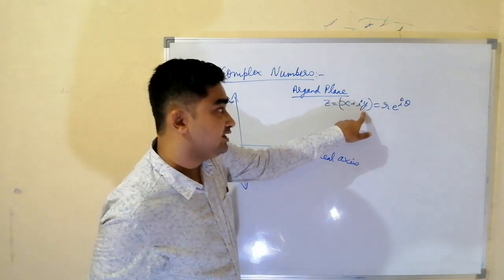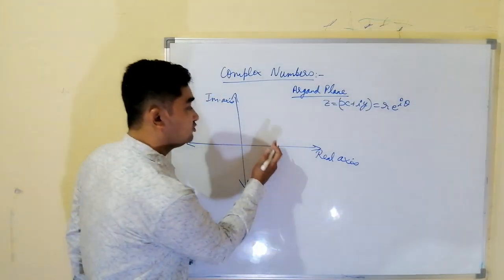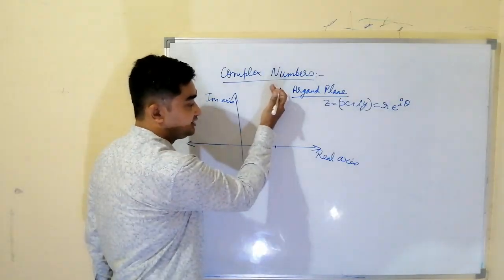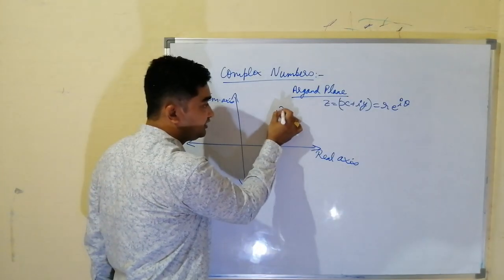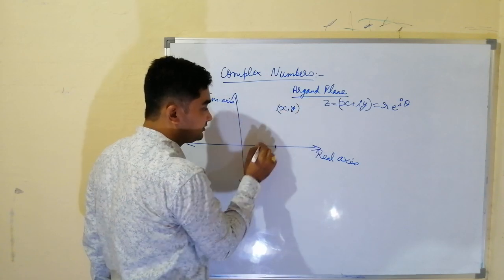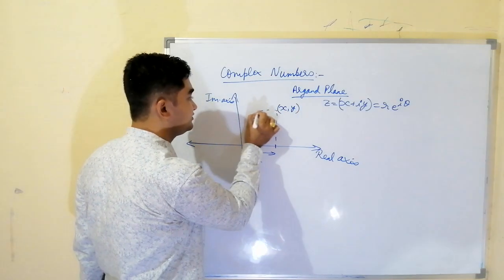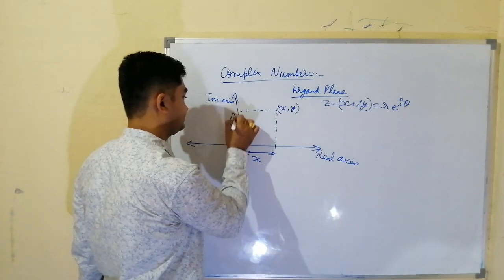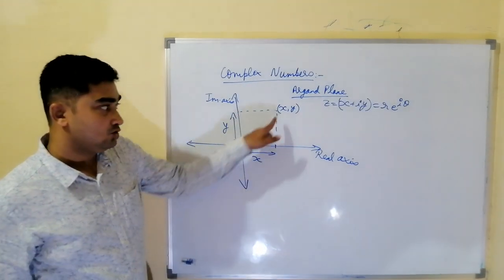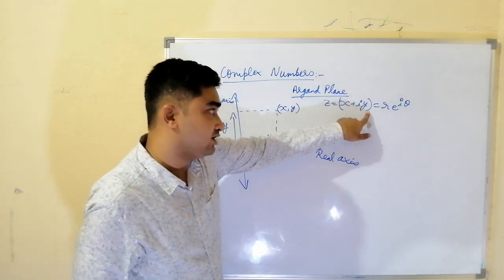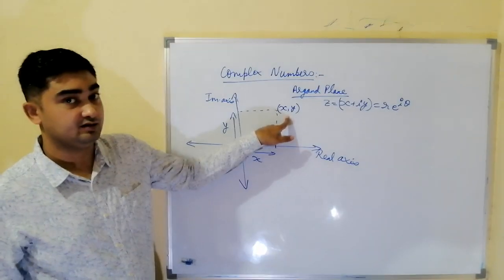What is the imaginary part? The imaginary part is y. So we move y units along the y-axis, that is, in the vertical direction. So we reach somewhere here, which is (x, y), where this distance is x and this distance is y. So this point represents the complex number x plus iota y in the Argand plane.